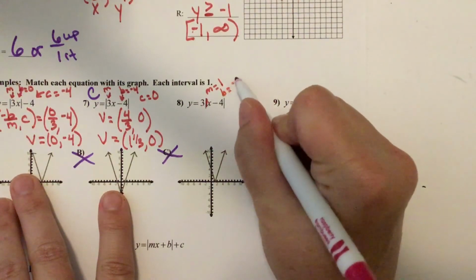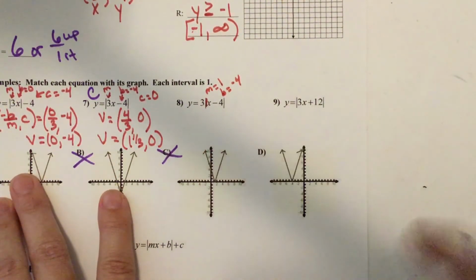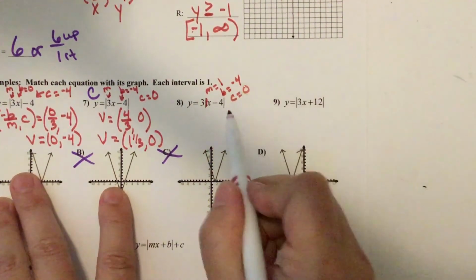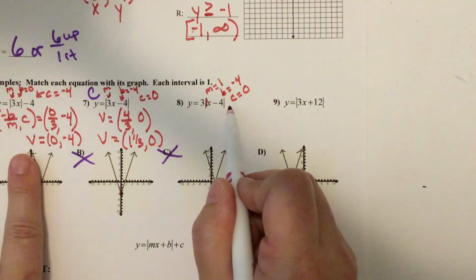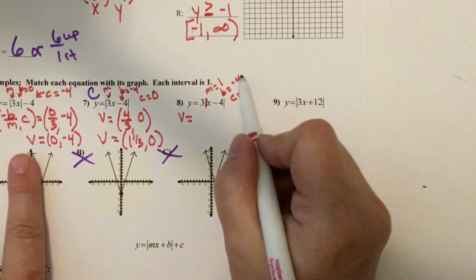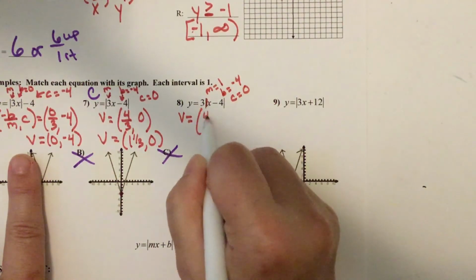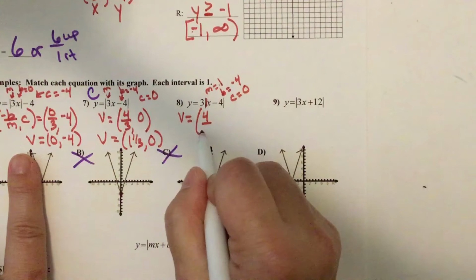-4. It's the number behind the X, but still inside the absolute value bars. Who's C? 0. It's a number added or subtracted on the outside, and nothing's added or subtracted. So C is 0. Okay, so let's find our vertex. So remember, opposite of B, what's the opposite of -4? +4, division bar. Who's our M? 1.